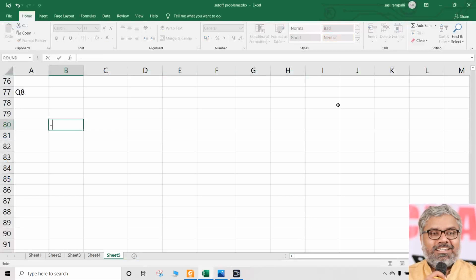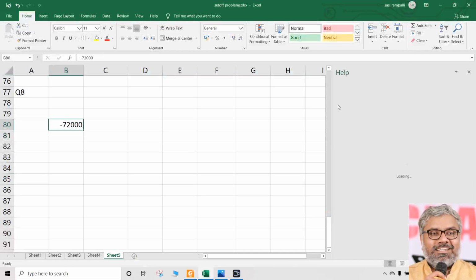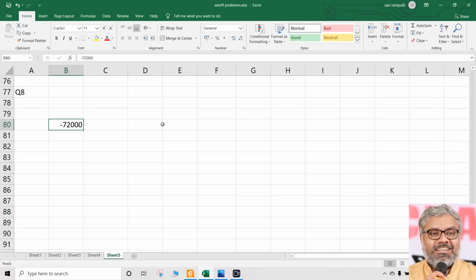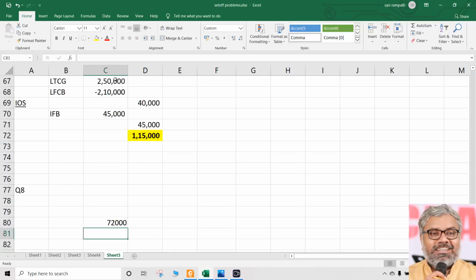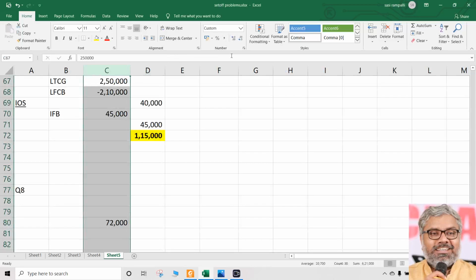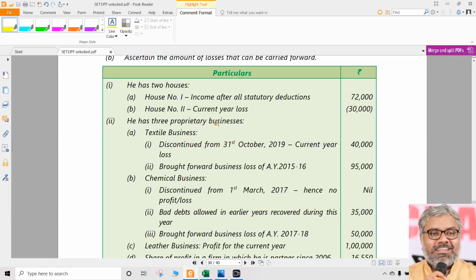So we can just use this head-wise also. 72,000 is positive here, and negative is 30,000.